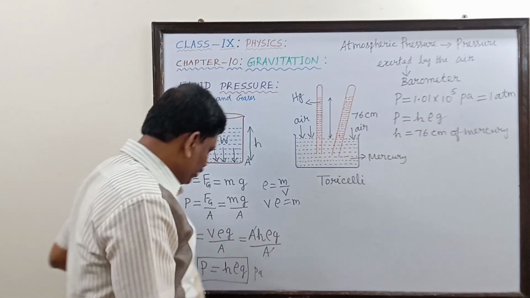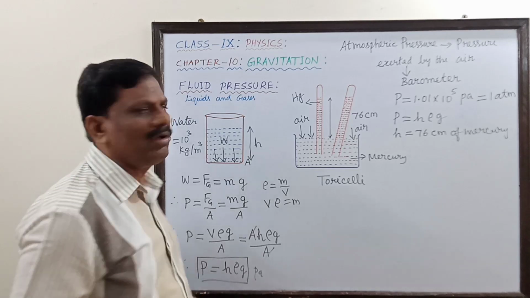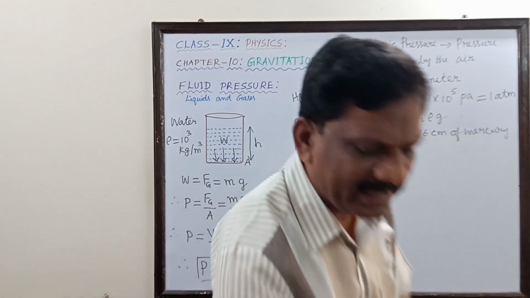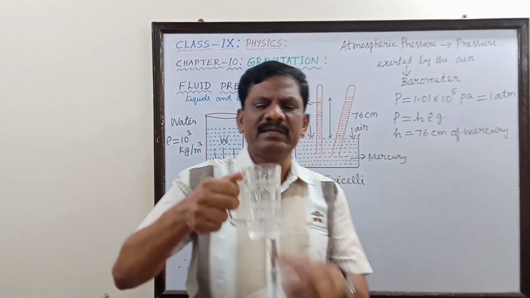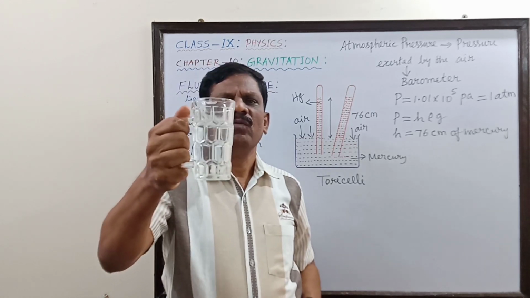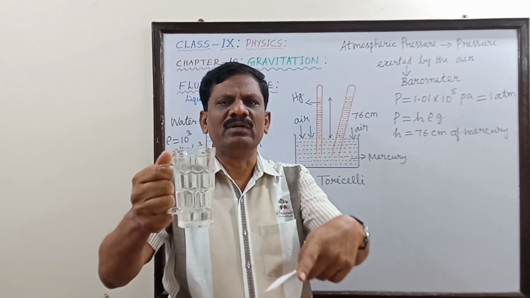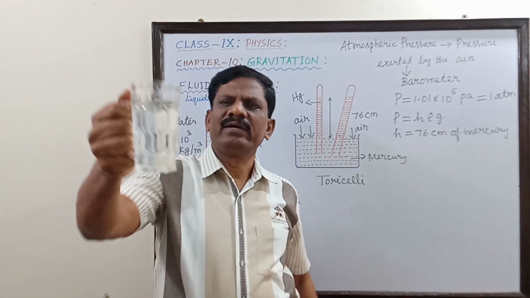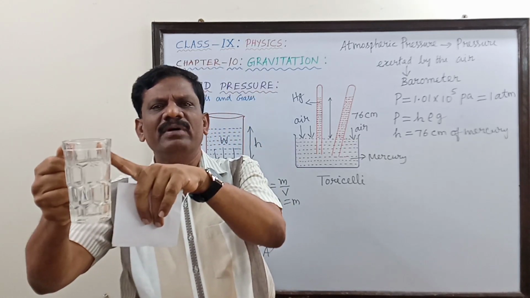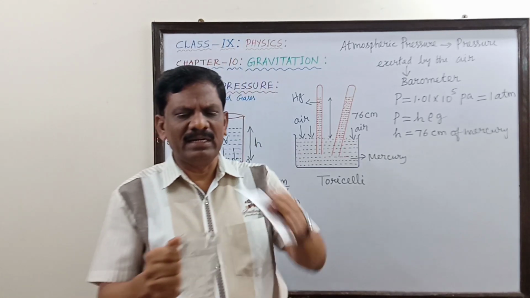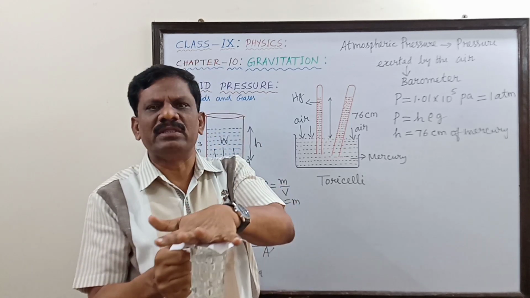So my dear students, you should know that the air exerts a pressure in all the directions, upward, downward, sideward, like that. Now I will take this container filled with water. Can you see some water spilling out? Okay. So I have taken some water, leaving some gap. I will take a cardboard paper and I will just close its mouth. Okay.